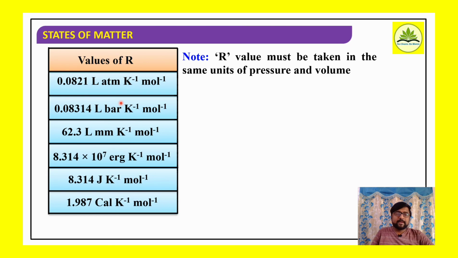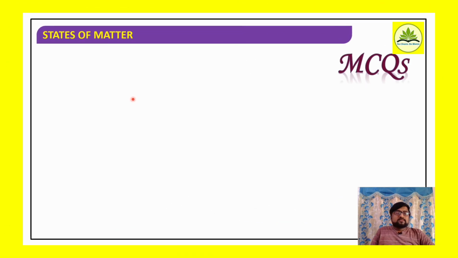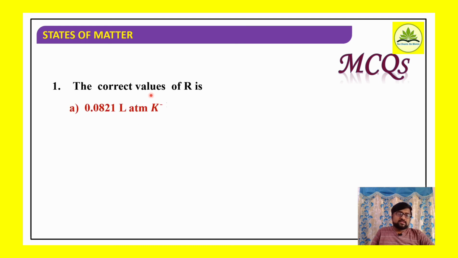Well, consider an MCQ here. The correct value of R is: 0.0821 liter atmosphere per Kelvin per mole. Is it right or not?